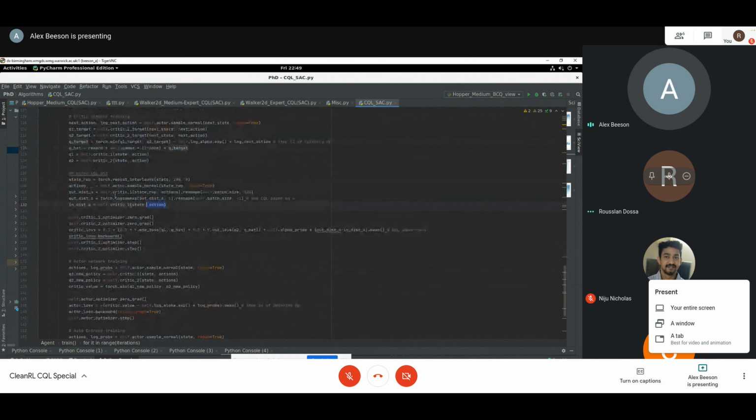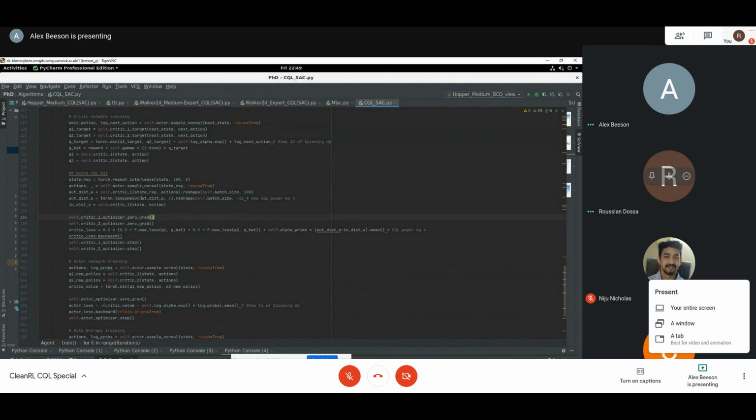So this is all that I've done for my extra CQL bit, which is a very simplified version, but it's not doing too bad. I repeat the state that I've got. I've done it 100 times. They do it 10 times in the paper, but I've done it 100 times. Sample an action for each repeat of the state.